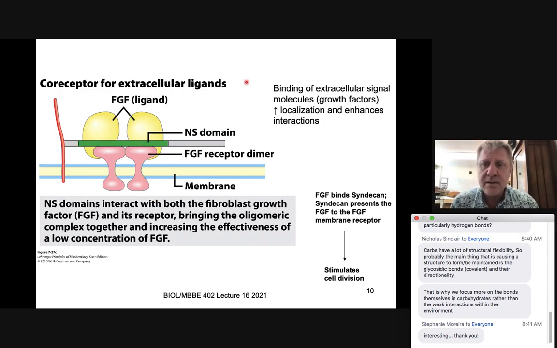The idea is binding of these extracellular signals can be limited because of their concentration. It's like an island in the middle of an ocean, particularly with growth factors. And by using these particular proteoglycans, it increases the interactions and localizations and increases their capacity to do their particular job.